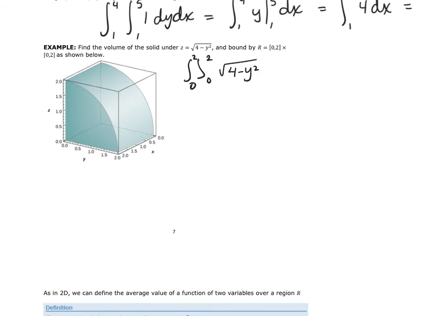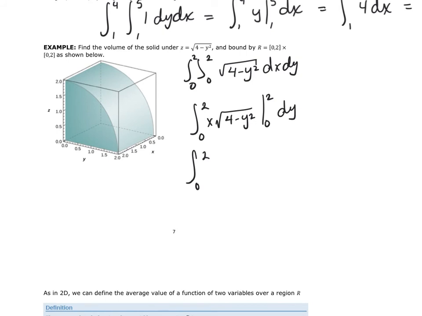And I am going to choose to do my integration with respect to x first, because I can. So dx dy. So the 4xy is going to be constant, so this is going to be integration from 0 to 2 of the x square root of 4 minus y squared, evaluated from 0 to 2 of dy, which is from 0 to 2 of 2 square root of 4 minus y squared, dy.